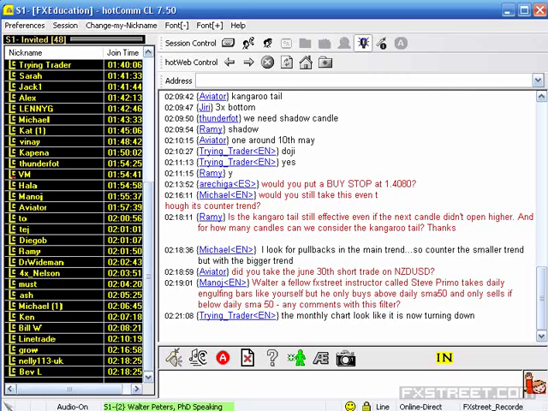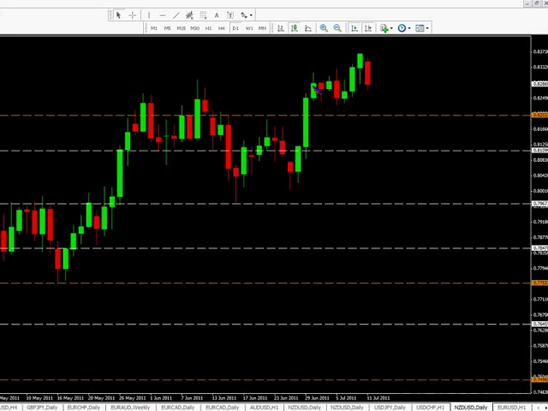June 30th. Short. I don't see a short here. Aviator, can you tell me what you're talking about? This is my June 30th bar right here on the Kiwi, and I don't see any kangaroo tail or big shadow or anything that would say sell. In fact, it's a little bullish. So I'm not sure what happened there.